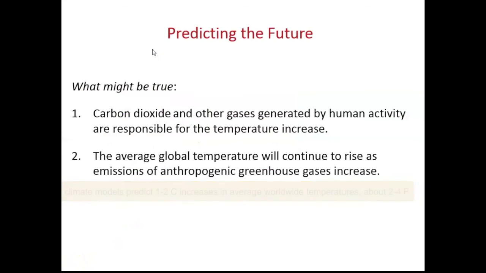So in terms of what we don't know, or predicting what's going to happen in the future, we can't say for sure, but what might be true is that there's going to be continuing carbon dioxide and more greenhouse gases, all generated by anthropogenic or human activity, and this is going to cause temperatures to increase, and it's going to continue to increase as we have more greenhouse gases.